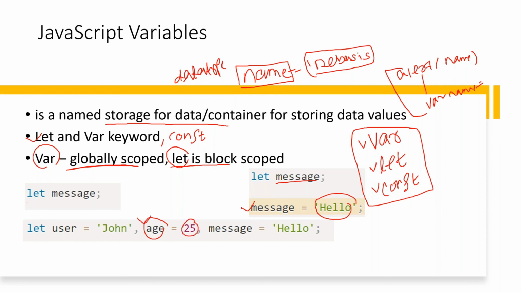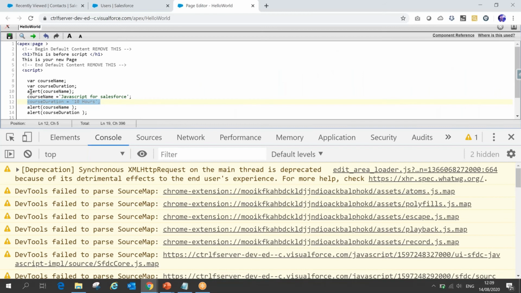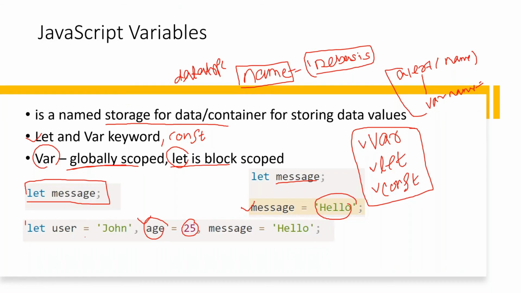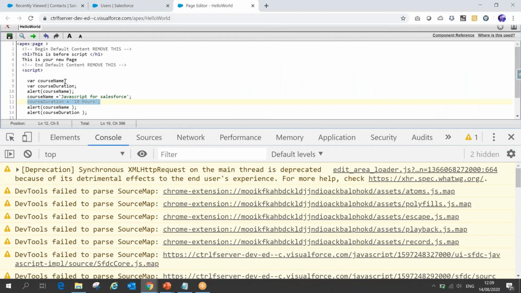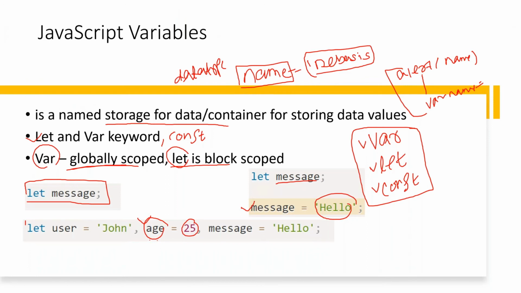We can declare one variable per line, but we can also declare multiple variables in a single line. For example, instead of var course name and course duration on separate lines, I can declare them in a single line. If I do course name equal to JavaScript for Salesforce, then put a comma, I'm going to declare another variable.